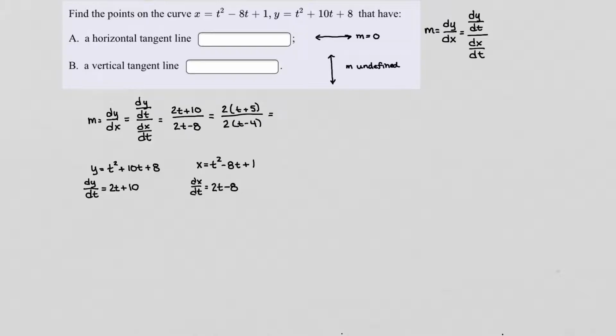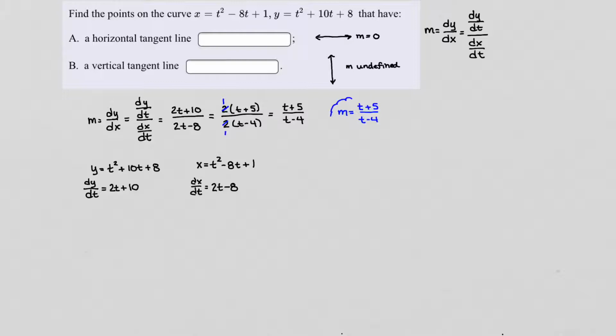And that leaves me with the quantity t plus 5 in the numerator and t minus 4 in the denominator after I cancel the 2's. So my slope is actually t plus 5 divided by t minus 4. So let me put that information right here. The slope of the tangent line is t plus 5 over t minus 4.